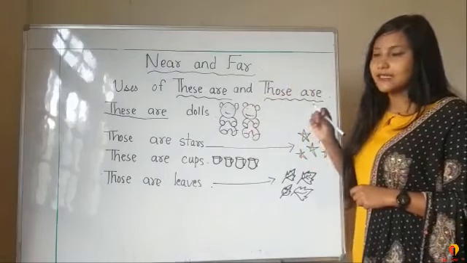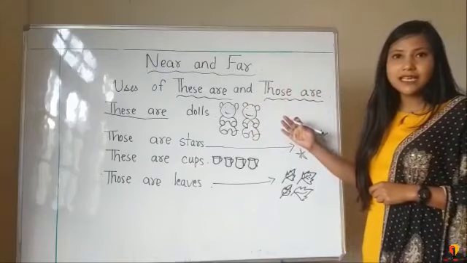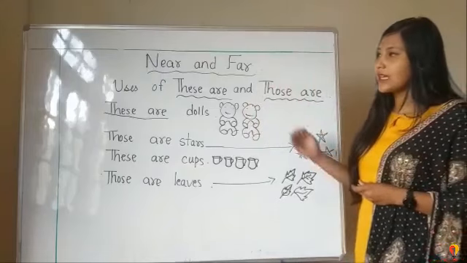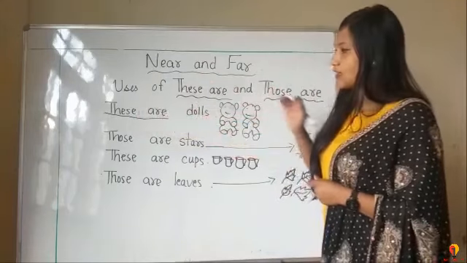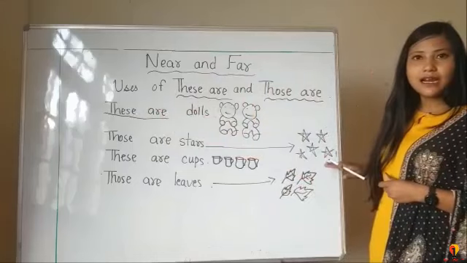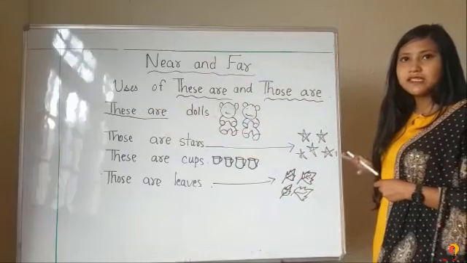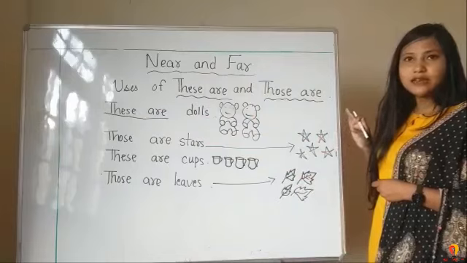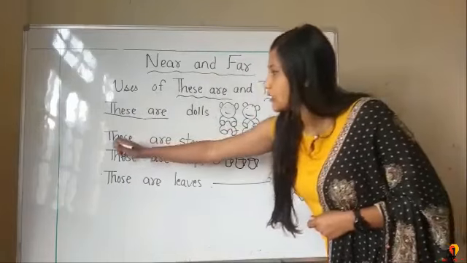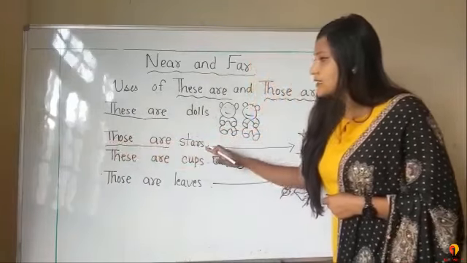This is. But एक से ज़्यादा है, इसीलिए हम These are dolls यूज़ कर रहे हैं. और यहाँ पे stars, you can see the number of stars is more than 1. So we are using those are stars.